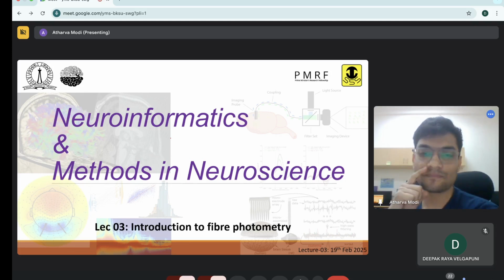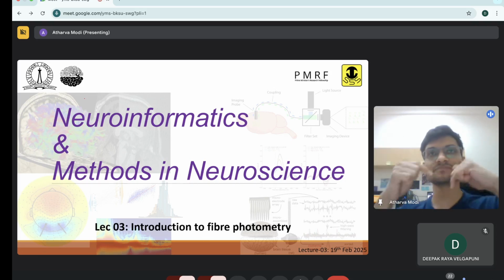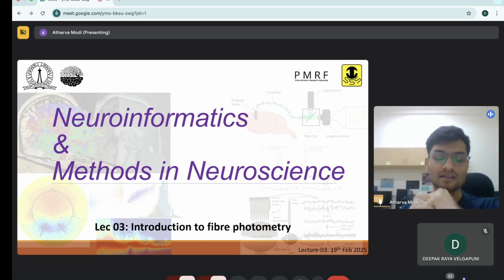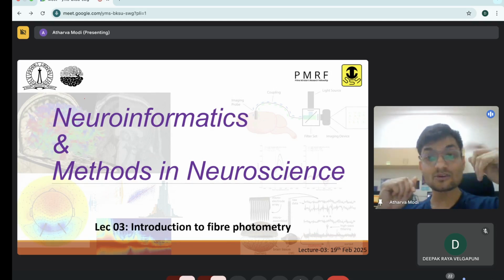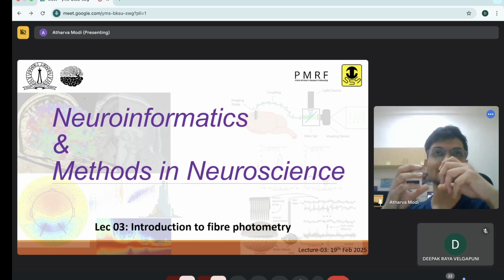So there are of course other ways, like invasive ways in which you can just put electrodes into the brain. Again, electrical measurements are there. There are other measurements using light instead of imaging. When you send light signals, electromagnetic wave signals inside the brain, it produces heat inside the tissue.